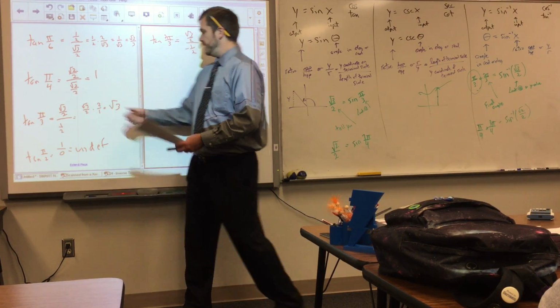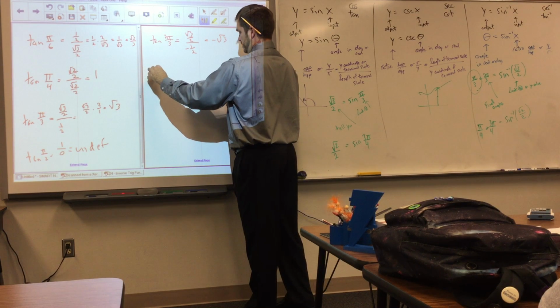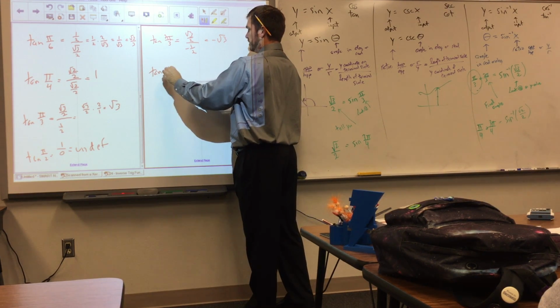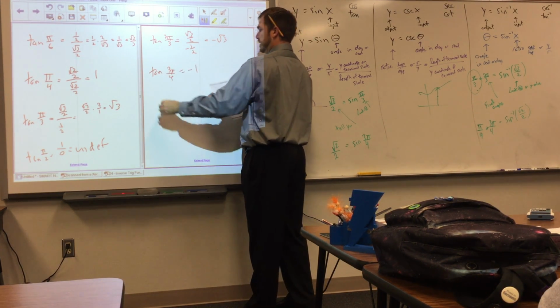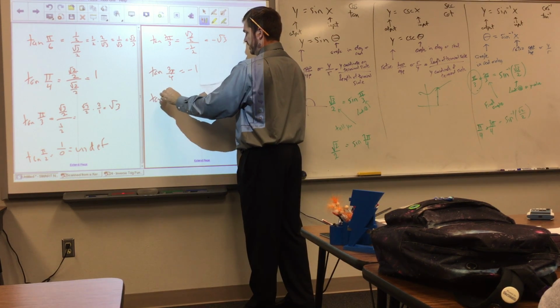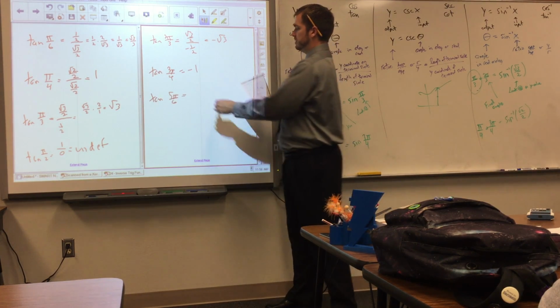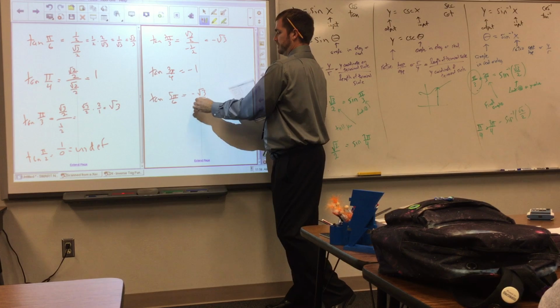It's going to be negative root 3. Tangent 3 pi over 4, negative 1. Tangent 5 pi over 6, negative root 3 over 3.